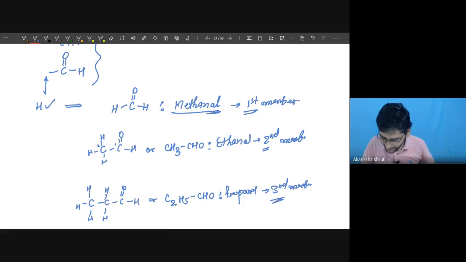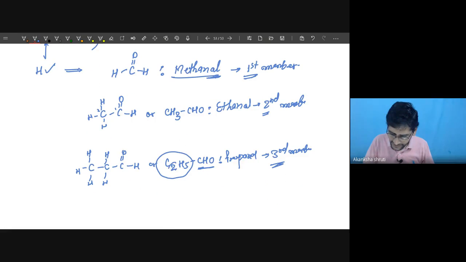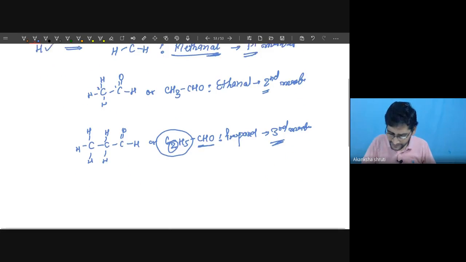A student, what are we observing? For the third member, this C of aldehyde is counted even for the second or even for the first. But what is going to be attached here? For the third member, the suffix is only 2. So whatever the attachment R that can be written here should be just one lesser than that.